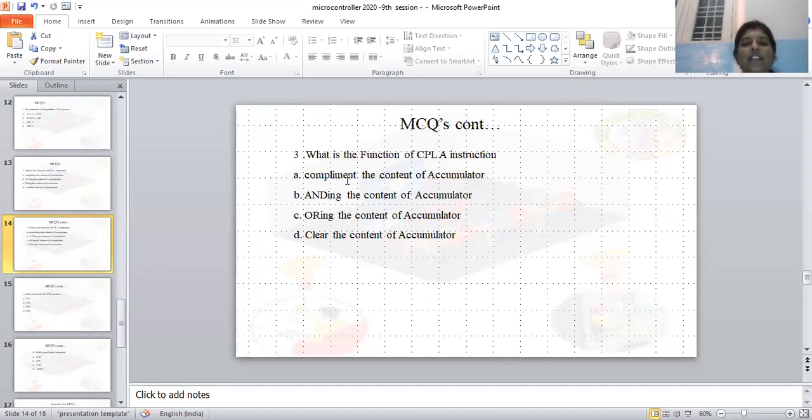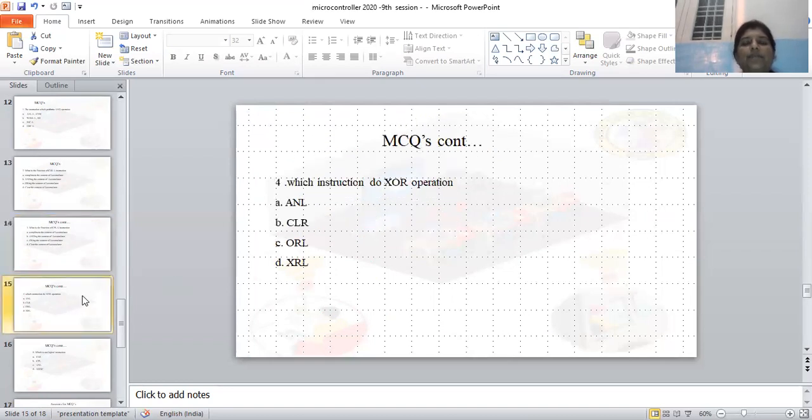The answer for this question is complement the content of the accumulator. We'll go to the next question: which instruction does the XOR operation? First choice is ANL, second CLR, third ORL, fourth XRL. The answer for this question is XRL.